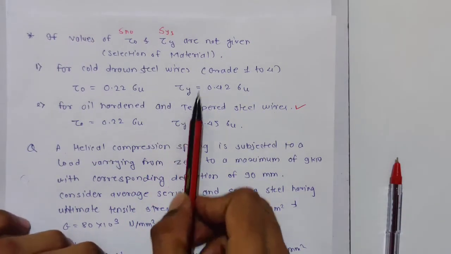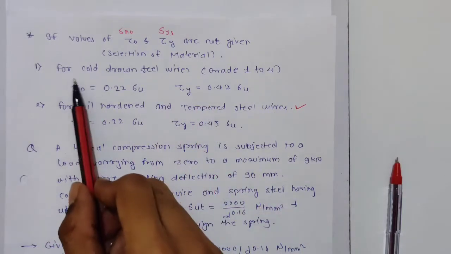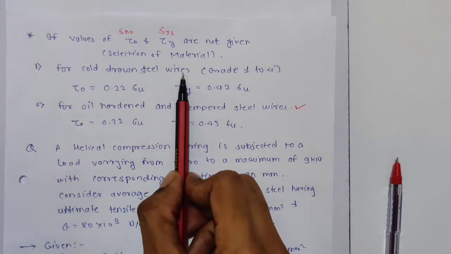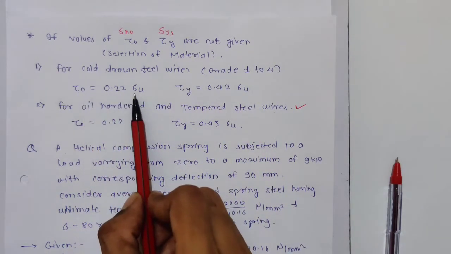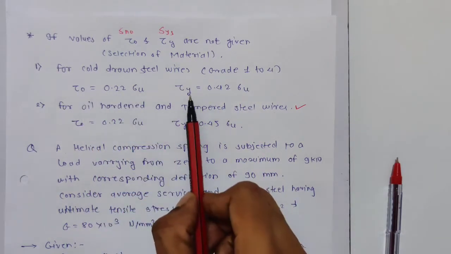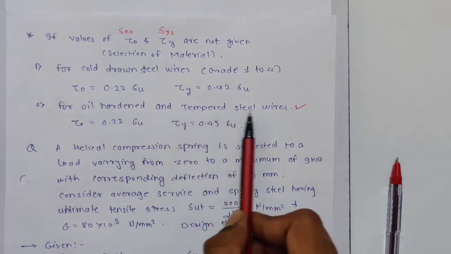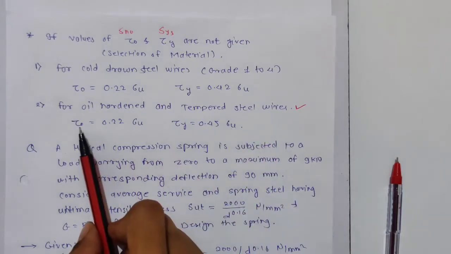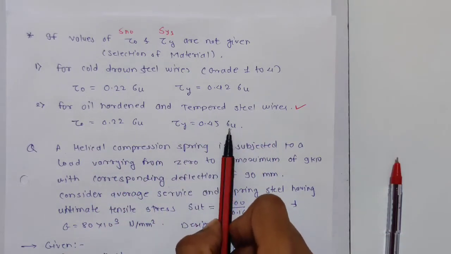So in Bhandari, these two properties are given. You have to remember any one. For cold drawn steel wire, that is grade 1 to 4, you have tau 0 as 0.22 into sigma u and tau y as 0.42 into sigma u. For oil hardened and tempered steel wires, we have tau 0 as 0.22 sigma u and tau y as 0.45 sigma u.